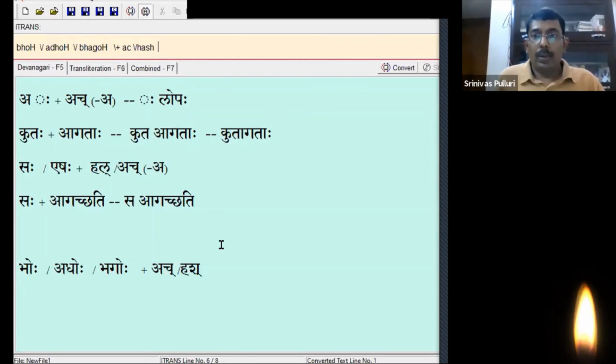Today we have seen one: how visarga converts into the ukara. The second one is when the visarga is dropped. Visarga is dropped under 4 different circumstances. Number 1, when the visarga is preceded by a and followed by any vowel or soft consonant.